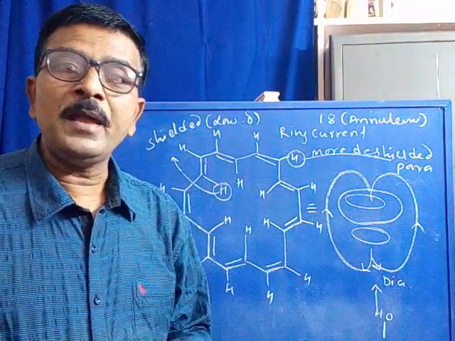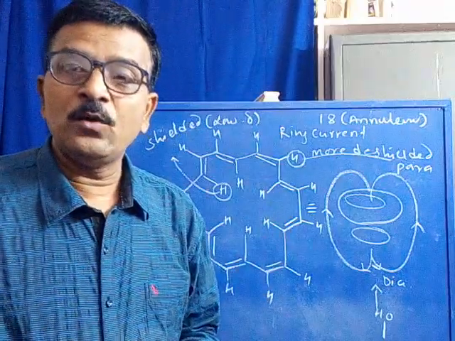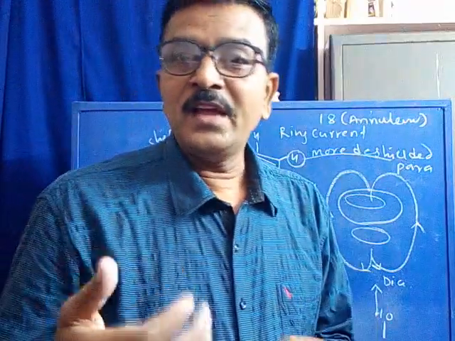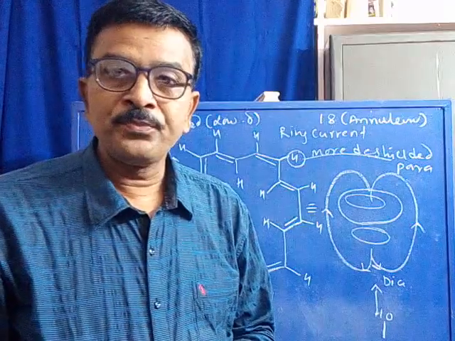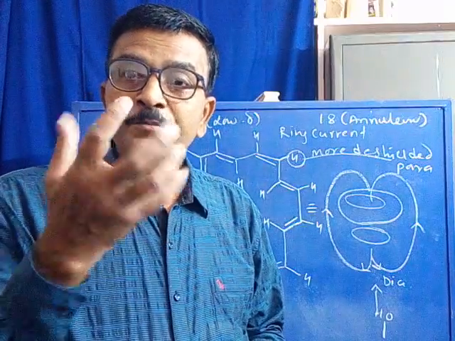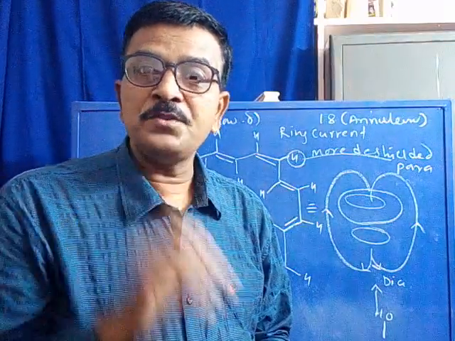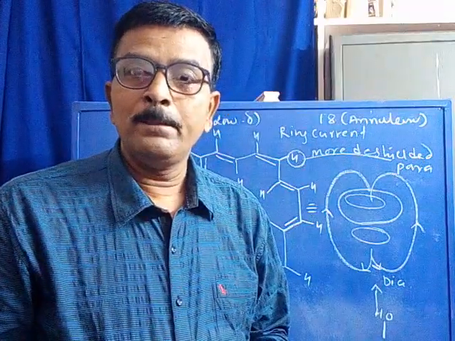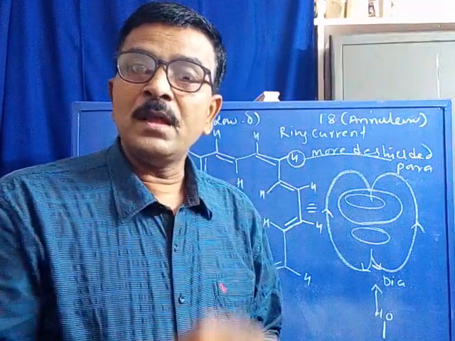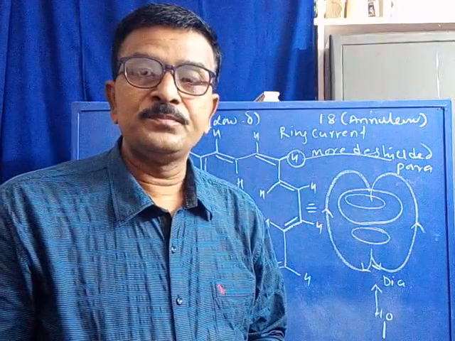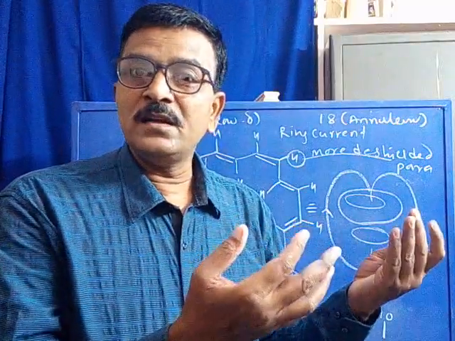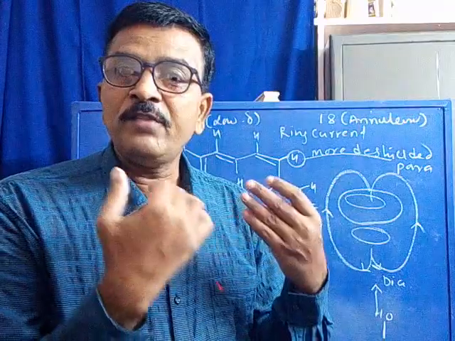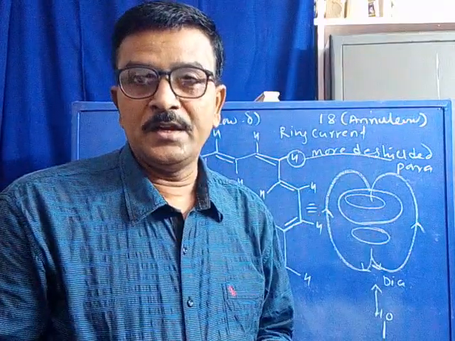So in this way, for unsaturated hydrocarbons as well as aromatic hydrocarbons, the absorption frequency of protons depends upon the anisotropic effect, meaning it depends upon the orientation of the molecule. We already discussed that the effect is different from one orientation to another.